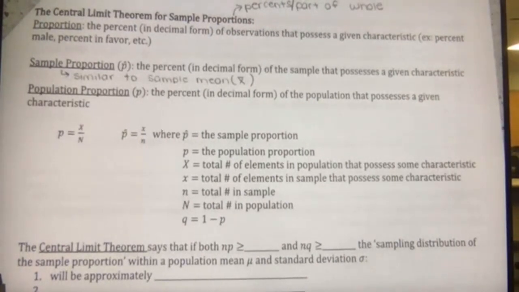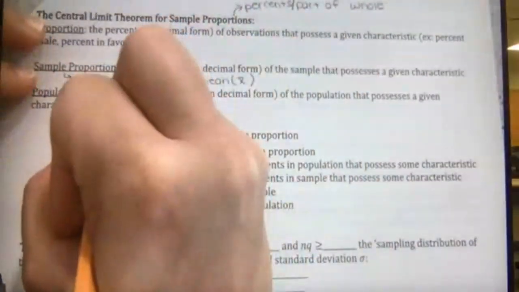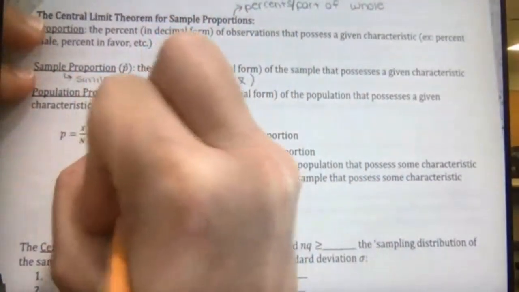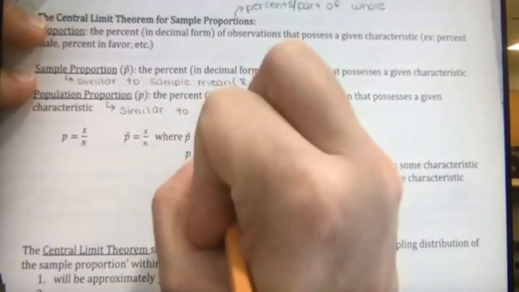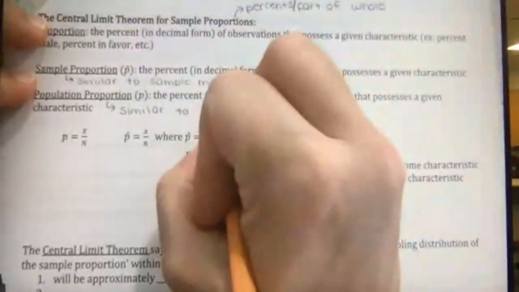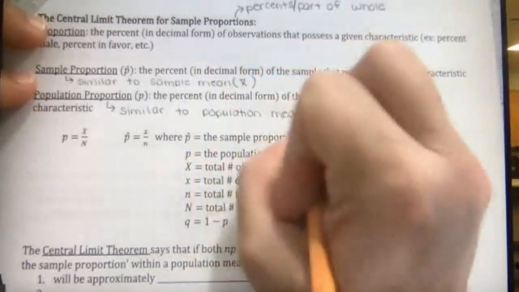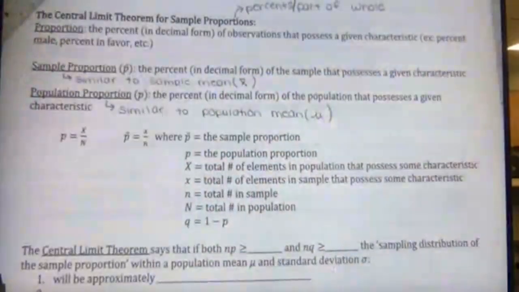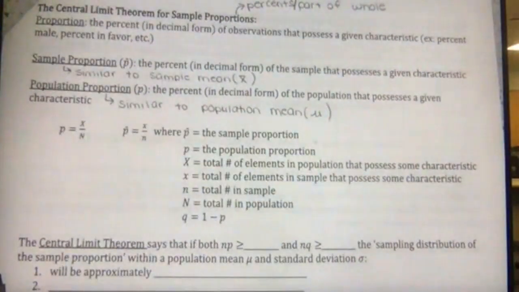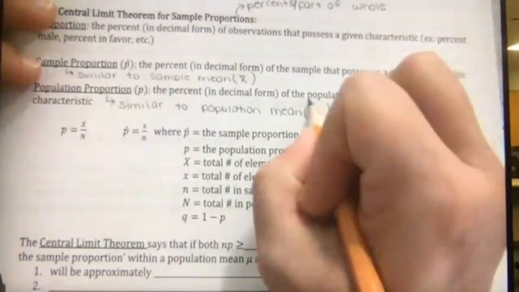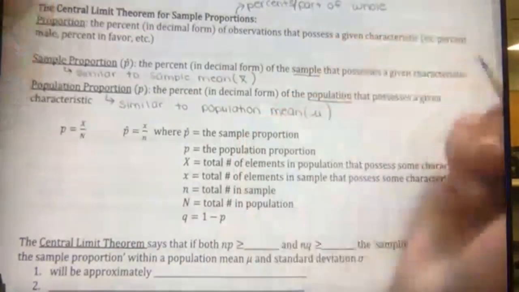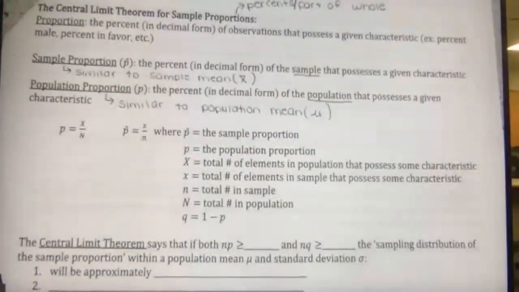Remember, our population proportion is going to be P, which is similar to our population mean, which is our mu value. And it's the percent in decimal form of the population. So this is talking about population. This is talking about sample that possess a given characteristic. This is going to be our p-value.